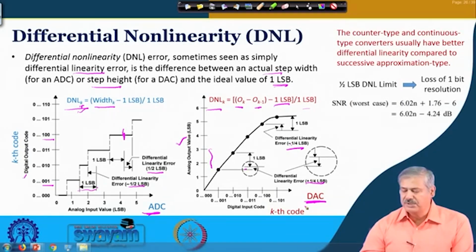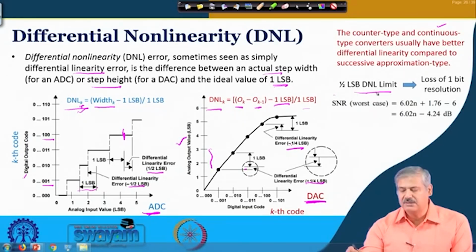What we can see is that counter type or continuous type converters usually have better DNL characteristics compared to successive approximation type. If the DNL limit is higher, like that of say half LSB, in such a case, we had earlier considered for the quantization noise that it is within plus minus half LSB.